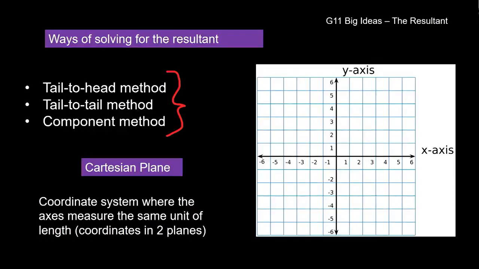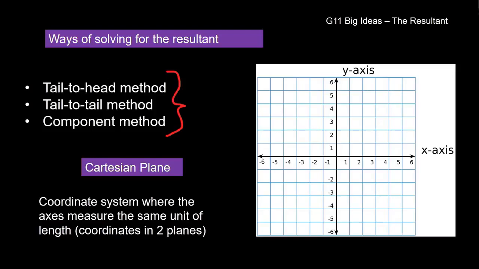I have time to show you the Cartesian plane really quickly. So this is a Cartesian plane. You can see it has an x and a y axis. It's made up of blocks of the same size, and it has negative and positive values.